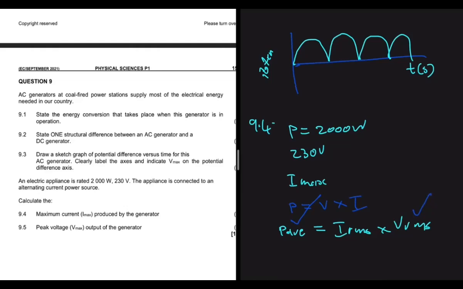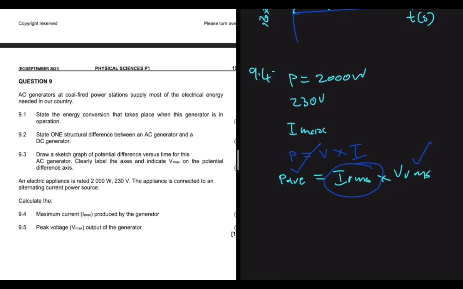So with these two, we can find Irms, and then from Irms, we can then look for a way to find Imax, right? So let me show you what I'm talking about. So in place of P average, we're substituting 2000, right? And then in place of Irms, that's what we're looking for, so it remains as it is, right? And then in place of Vrms, we have 230.